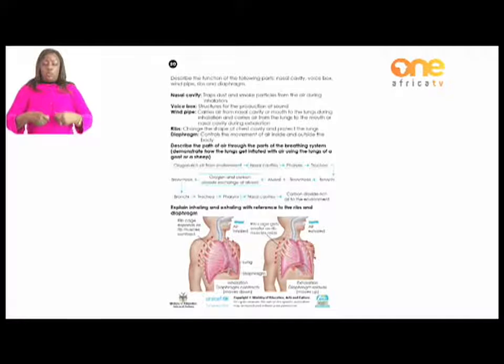The last part of the breathing system that we are going to look at in terms of the functions is the diaphragm. The diaphragm controls the movement of air inside and outside the lungs, the body. Okay? So the diaphragm, as I've said earlier, is underneath our lungs. It moves either up, forming a V, or it flattens underneath our lungs.